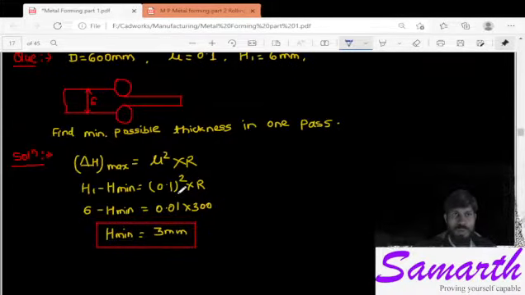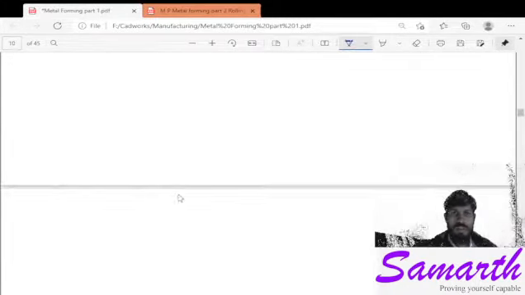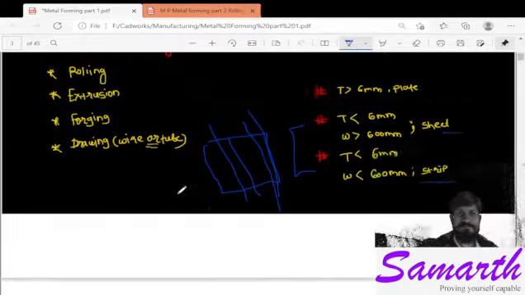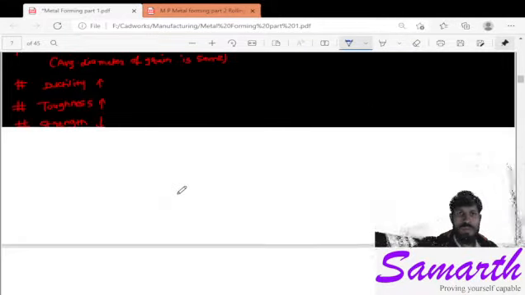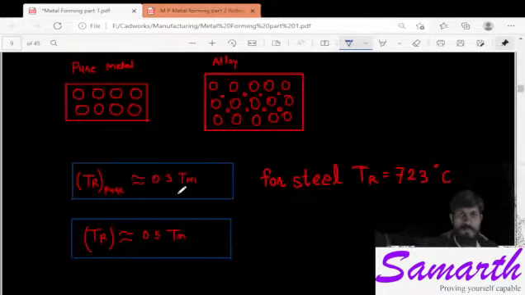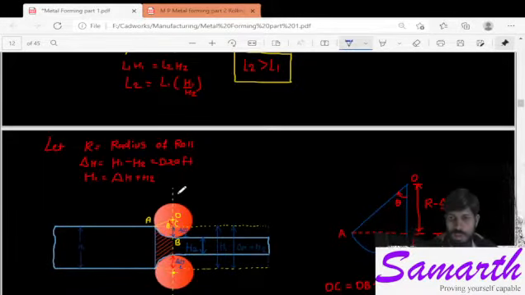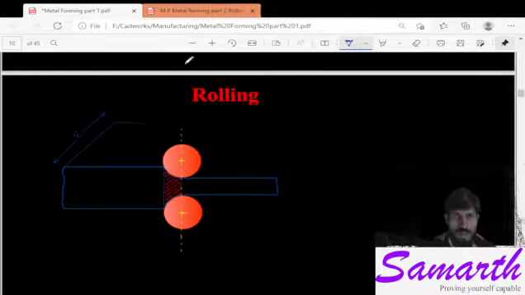Let me show you where it is. Okay, I will draw it for you if not drawn earlier. Here there will be some rollers, right? Let us say one roller will be here.